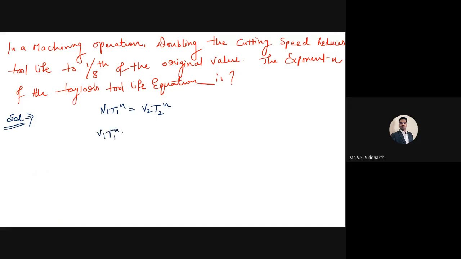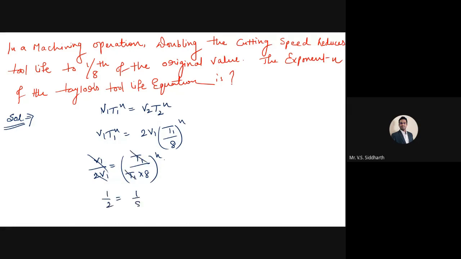v1 t1 to the power of n equals 2 times v1, t1 by 8, all to the power of n. Now I will rearrange the terms. I will take v1 upon 2 v1 equals t1 upon t1 by 8. v1 will get cancelled, t1 will get cancelled. 1 by 2 equals 1 by 8 to the power of n.